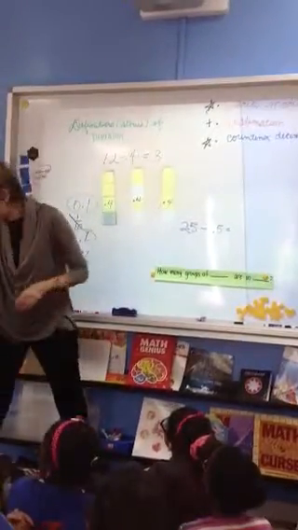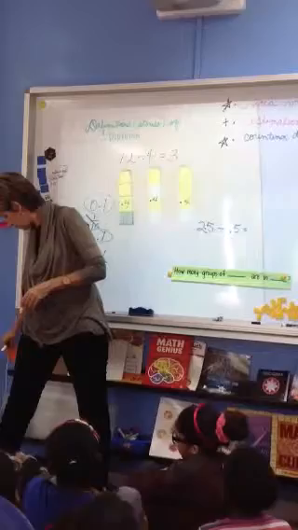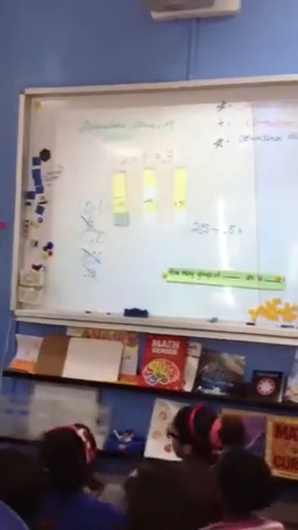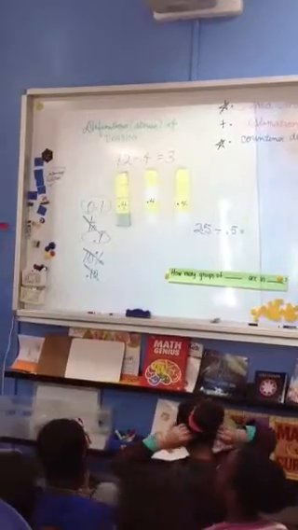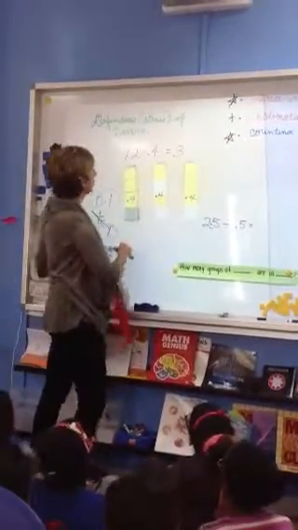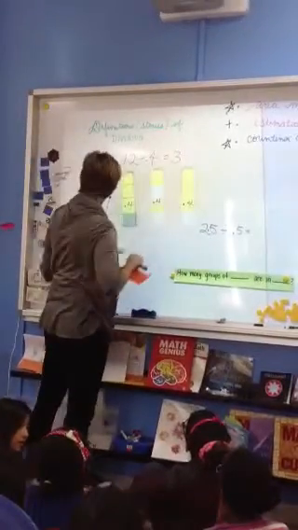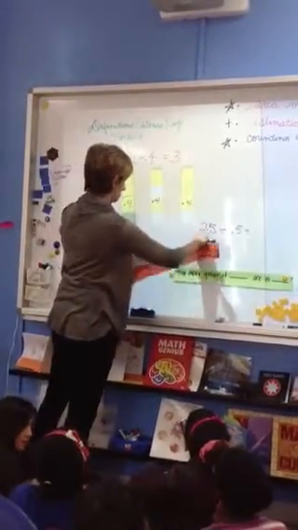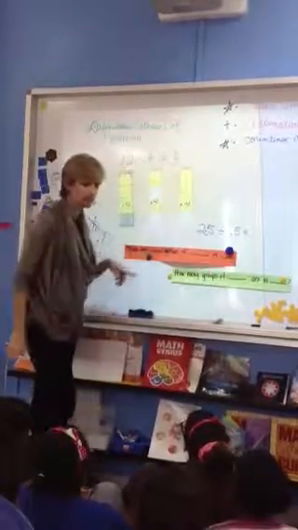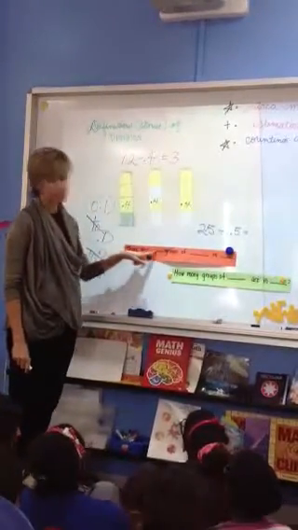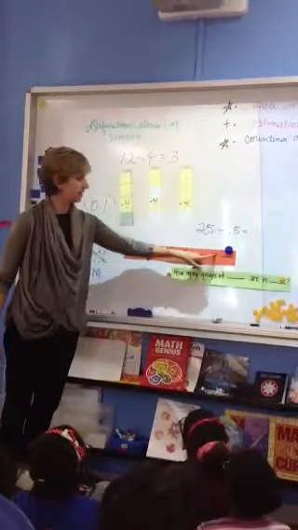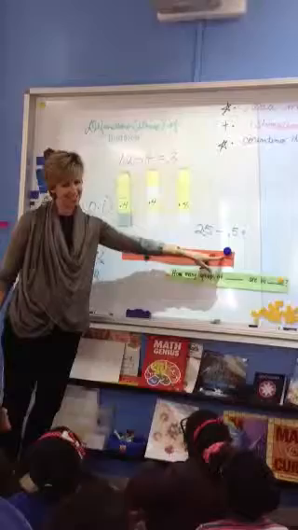It's like dividing 25 divided by 5. Sometimes it is. So what's the answer? There are 5 groups of 5/10 in 2 5/10.